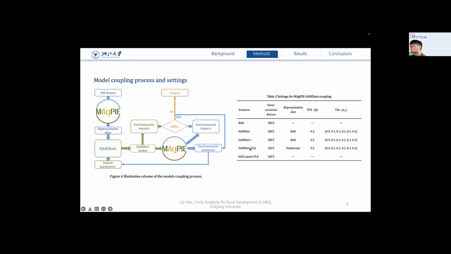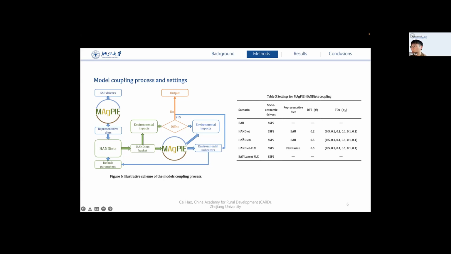Adopting two representative diet patterns, which are the business as usual run of MACPI and the EAT-Lancet flexitarian diet, we construct three HAND diet scenarios: the basic HAND diet, HAND diet plus, and HAND diet FLX.